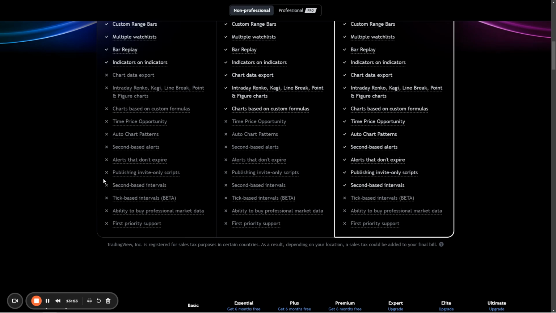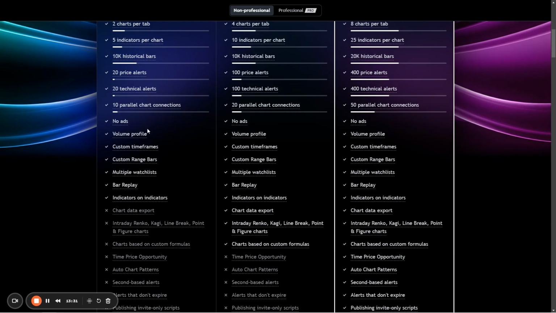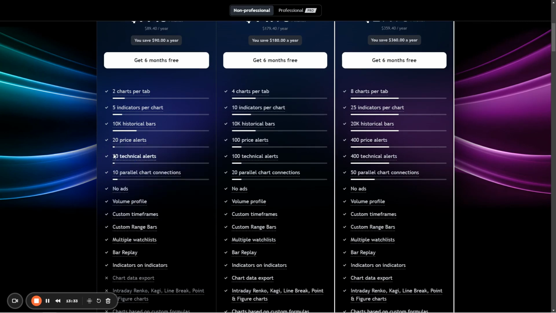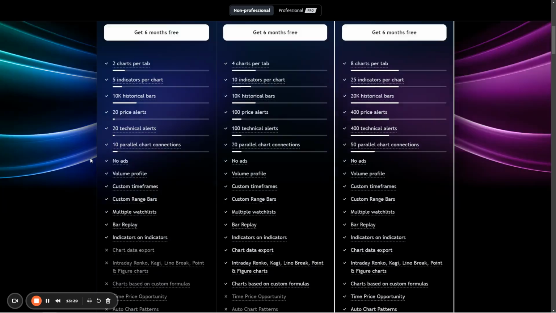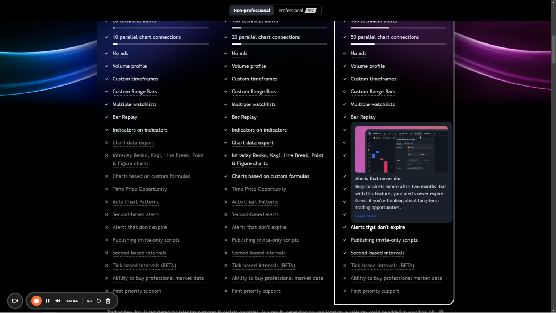Of course it is. But it is this sort of stuff here, alerts that don't expire. As someone that has an indicator, and we're talking about technical alerts, these might only be valid for a week or for a day or for a month. I can have mine be never expiring. Unfortunately, it's only on the premium.